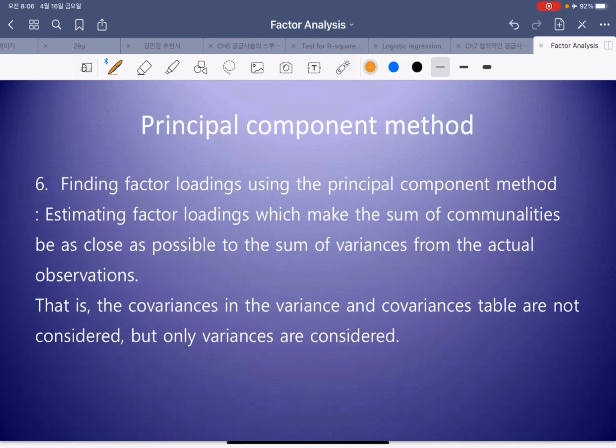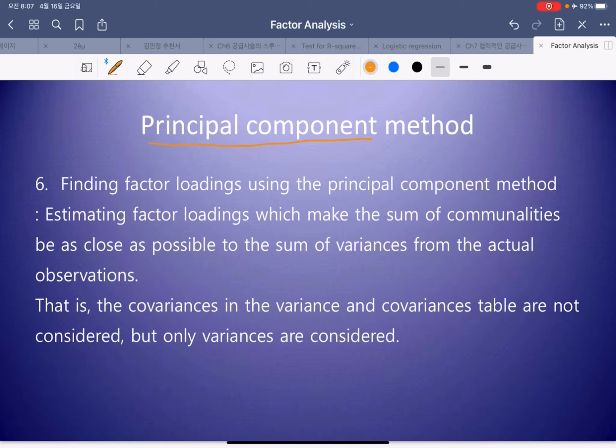So how do we find the factor loadings? We usually use a method called the principal component. Remember that we want to find factor loadings which make the theoretical variance covariance table as close as possible to the variance covariances computed by using the actual observations, right?